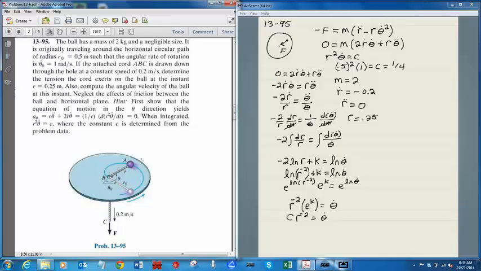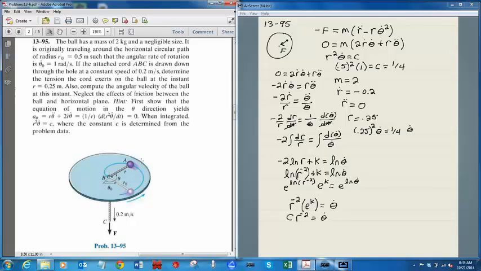So we can use this formula to solve for theta dot. So theta dot at the time that we're interested in is 0.25 divided by 1/16, which would be 4. So theta dot is equal to 4.